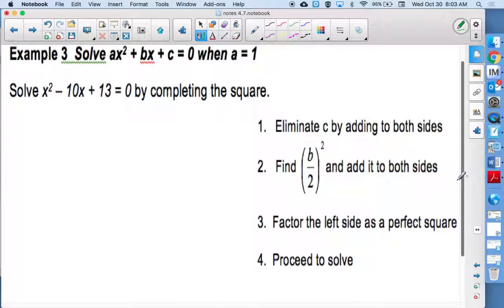So we are going to make it become a perfect square by following the little steps over on the side. The first step is to get rid of that 13 because it isn't a perfect square. There's no way I can make it a perfect square, so we're just going to get rid of it. It says to eliminate c by moving it to both sides. We can't physically get rid of it, but we can take it to the other side of the equation.